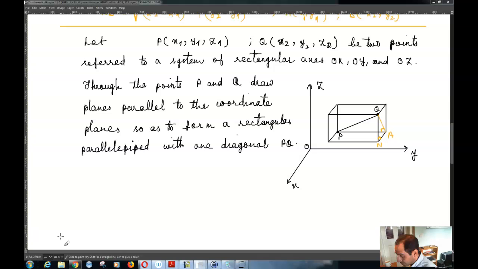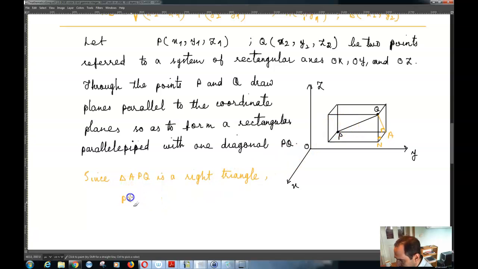Okay, so now in this triangle, since triangle APQ is a right triangle, this is the hypotenuse of that triangle because it's opposite the 90-degree angle.